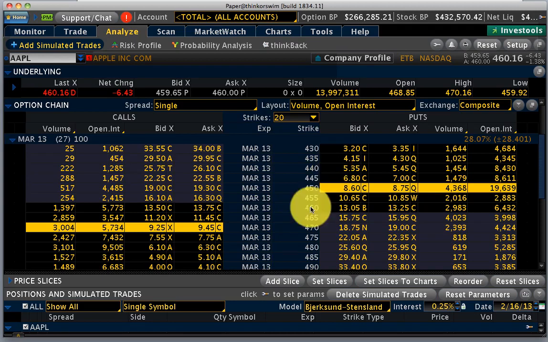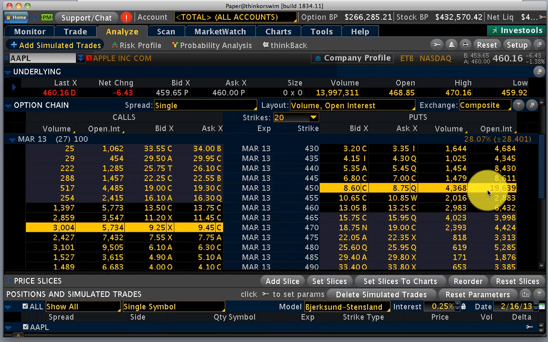If you wanted to buy the 450 put, for example, you were bearish on Apple and you wanted to buy the 450 put, and if you saw an open interest of 19,000 at that level, then you're going to be comforted by the fact that there is plenty of liquidity in that option.